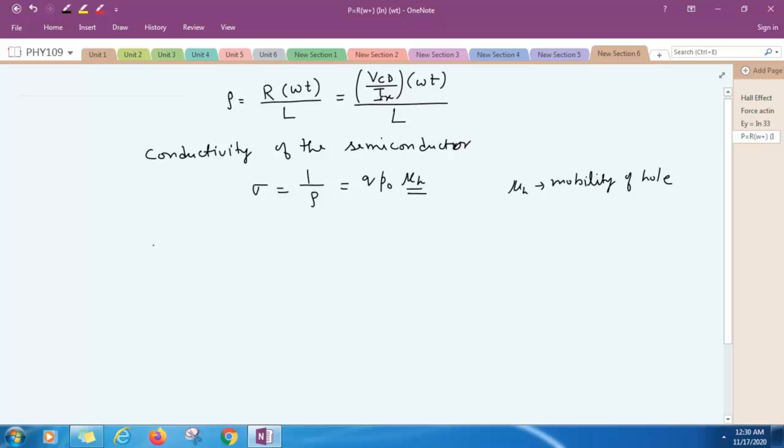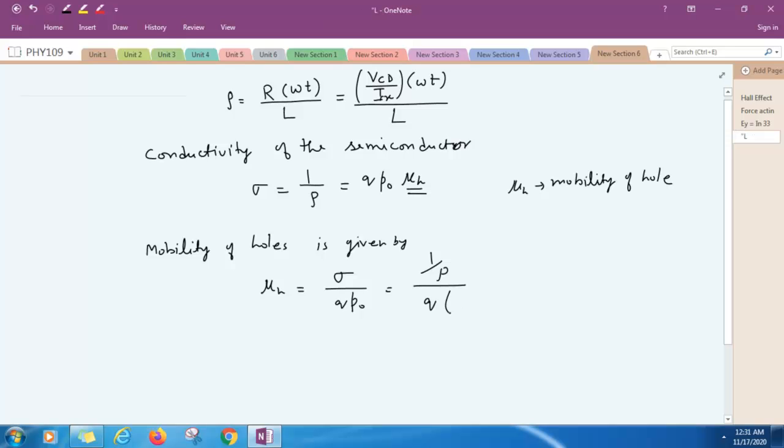What is mobility? Now I am going to calculate mobility also. So mobility of hole is given by, mu H is equal to sigma upon Q P naught. What is sigma? Sigma is equal to 1 by rho, and Q is there. What is P naught?